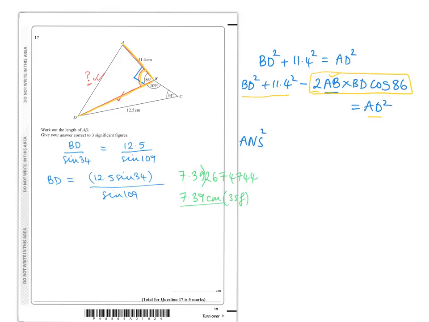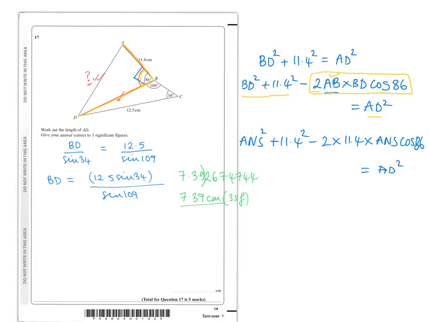So I'm going to have ANS squared plus 11.4 squared minus 2 times 11.4, because don't forget I have AB, times BD, which is ANS, cos 86, and that's equal to AD squared.